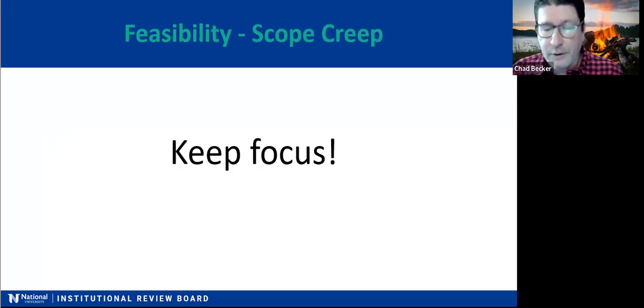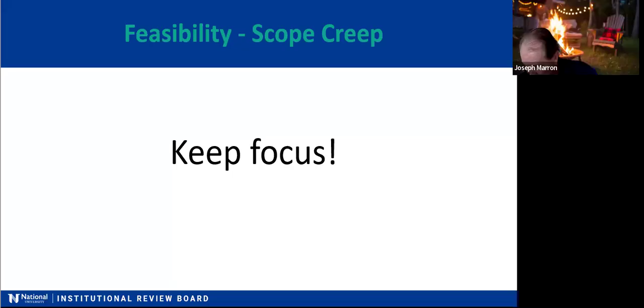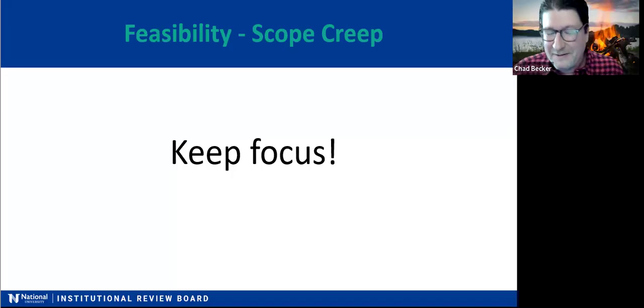So some of these are really important. The scope creep, keep focus, right? So, Dr. Marin's first comments: not too many methods, not too many populations, and what was the other one, Joe? Not too many variables, not too many research questions. Just try to keep it simpler. Again, this might be a comment that's directed more toward our student population.